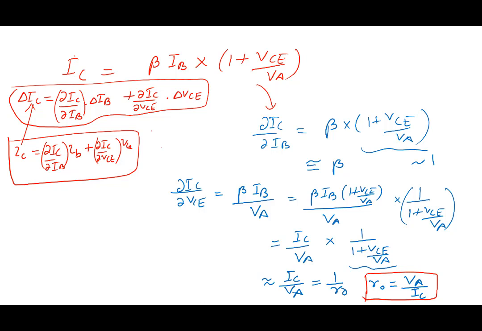So this relationship I can now write as IC is equal to beta IB plus VCE by R0. IC is beta IB plus VCE by R0.